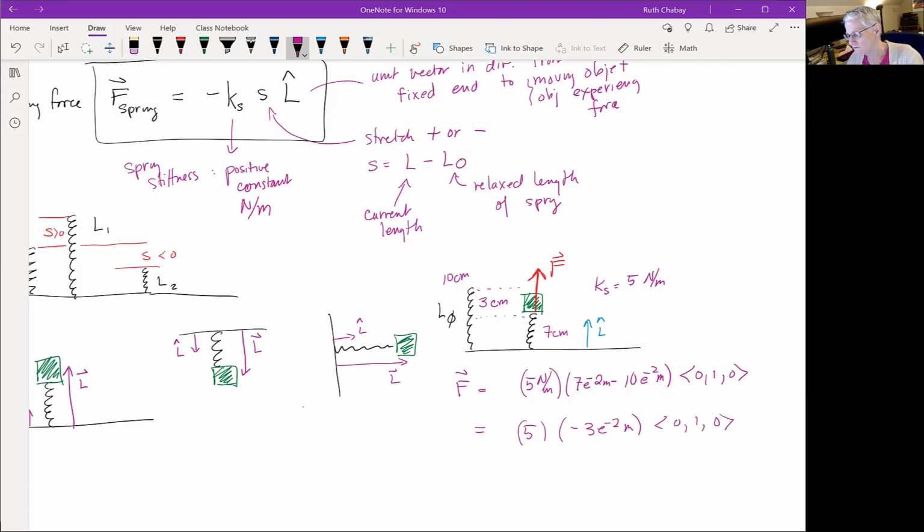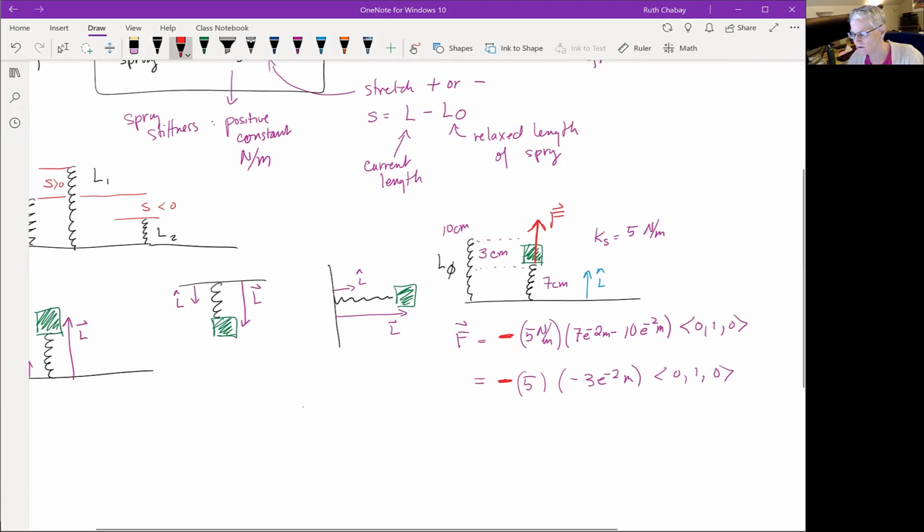And that would give us a force in the minus y direction, because of this negative stretch. So we need the minus sign to make the force go in the correct direction. That's where that minus sign comes from.